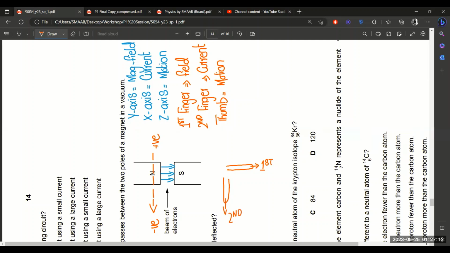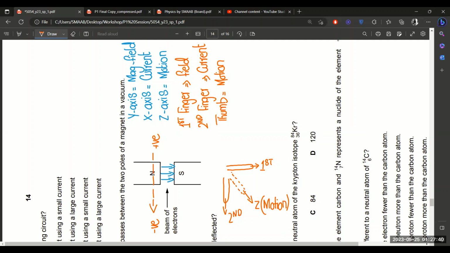And when you open up your thumb, your thumb will be in the upward direction. Upward direction means out of the page, right? I am drawing a dotted line because that is on the z-axis. This is the z-axis, the direction of motion. So it means that it is coming out of the paper, out of the page, right?